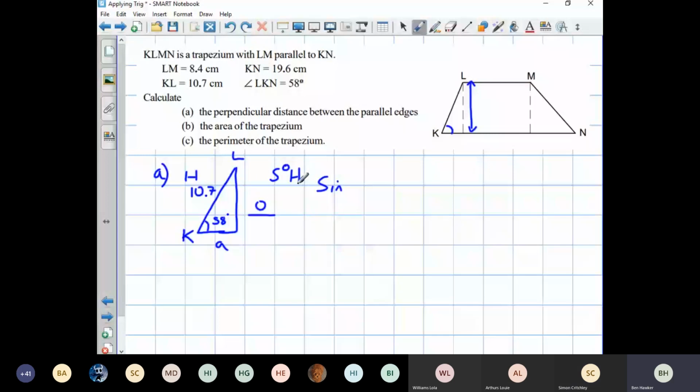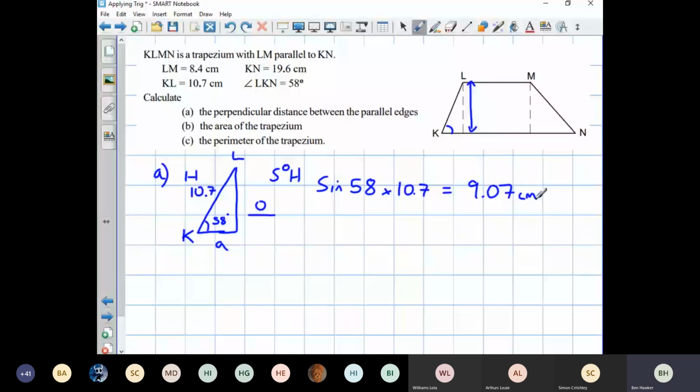I use sine of 58 multiplied by 10.7, which is going to give me the opposite, and that gives me 9.07 centimeters. And again, for future parts of this question, you might think, well, I want to use the exact value. If you aren't going to use the exact value, it might be better to go to a few more decimal places than the two that I've got here.